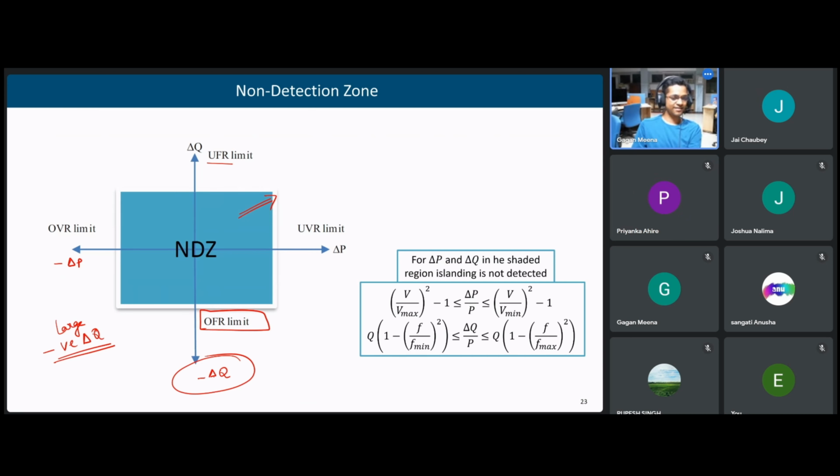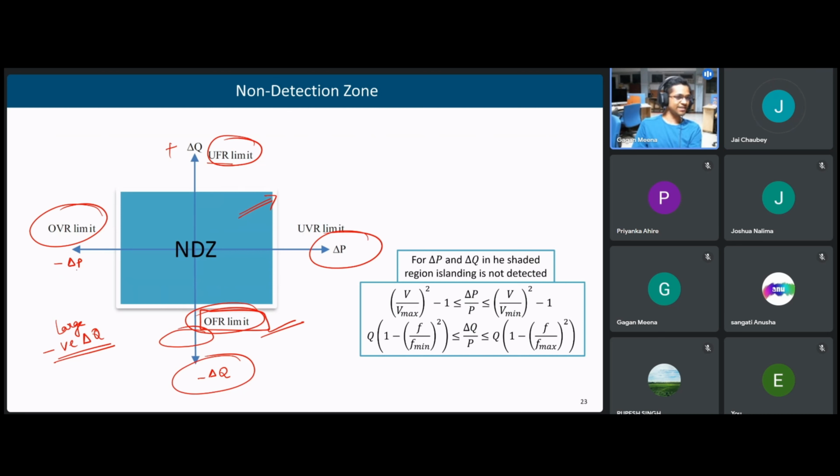So this is the negative Q axis, right? Negative delta Q. If we have a large negative Q mismatch, then this limit is going to hit. So this over frequency relay will have to trip. For positive delta Q, this will happen.